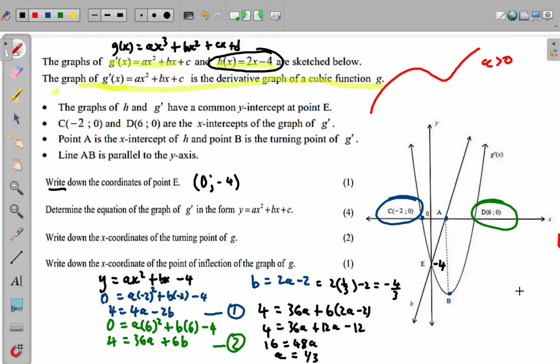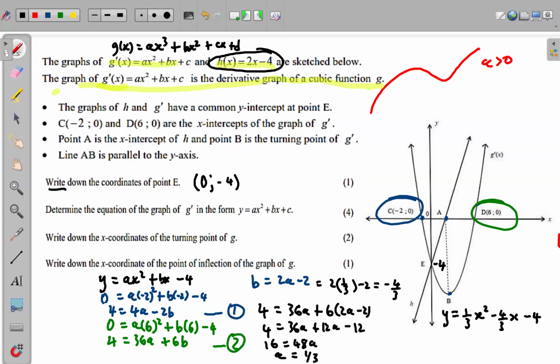I'm hoping that my simultaneous equation here has been okay, and that I have not broken any rules. So finally then the equation will be y is equal to 1 over 3 x squared minus 4 over 3 x, and then we have already established c is negative 4. So that's that. Now write down the coordinates of the turning point of g.